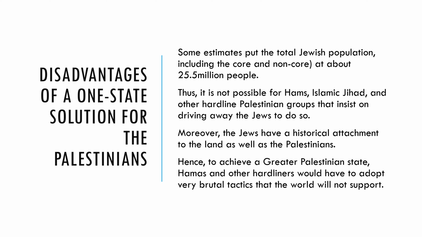Some estimates put the total Jewish population, including the core and non-core, at about 25.5 million people. Thus, it is not possible for Hamas, Islamic Jihad, and other hardline Palestinian groups that insist on driving away the Jews to do so.